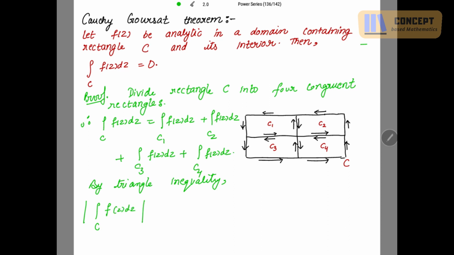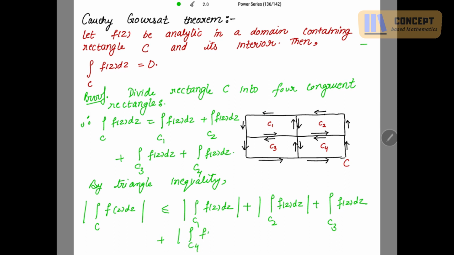If I take the mod, then this mod is less than or equal to the sum of the mods of all the integrals: mod of the integral over C1 of f(z) dz plus mod of the integral over C2 plus mod of the integral over C3 plus mod of the integral over C4 of f(z) dz. Okay, all right.